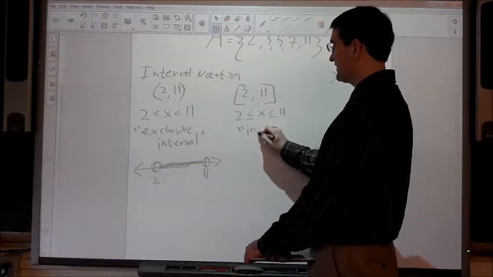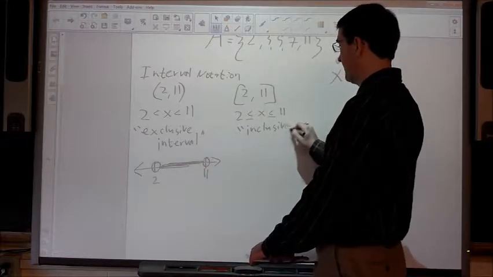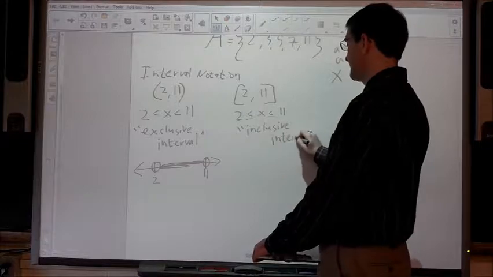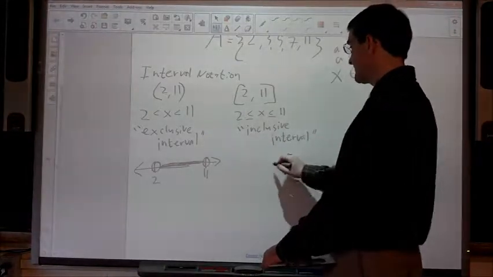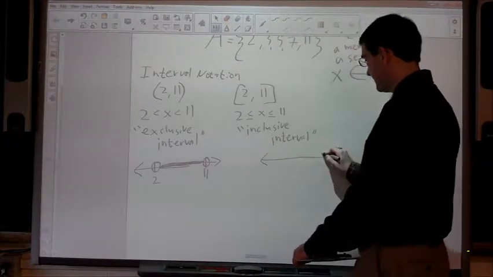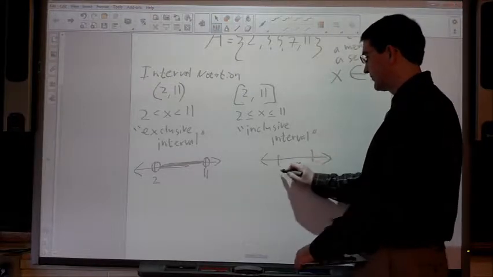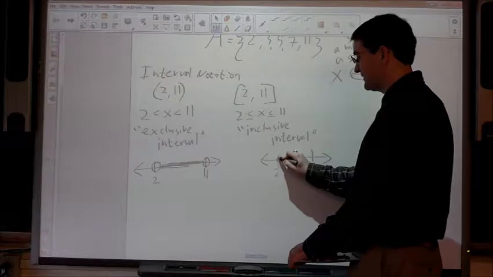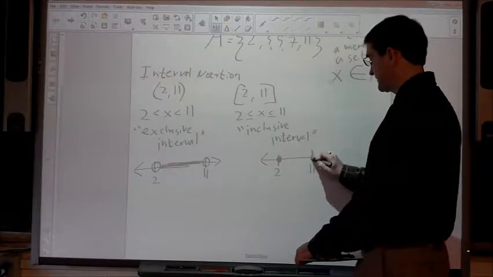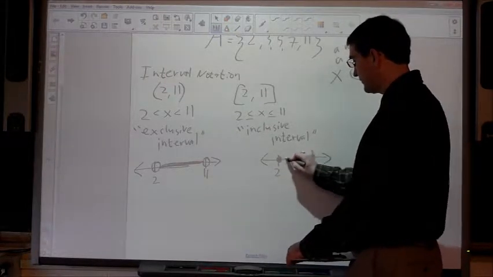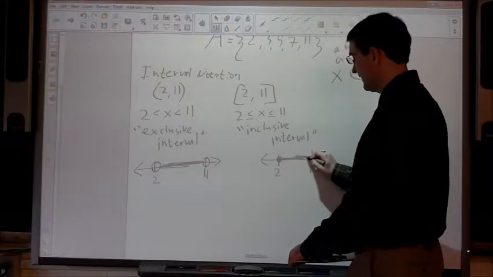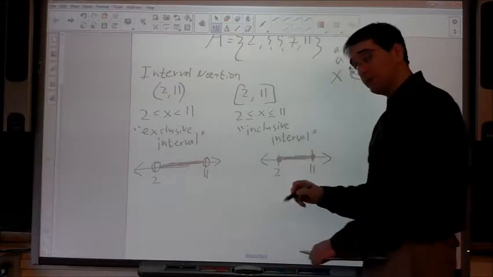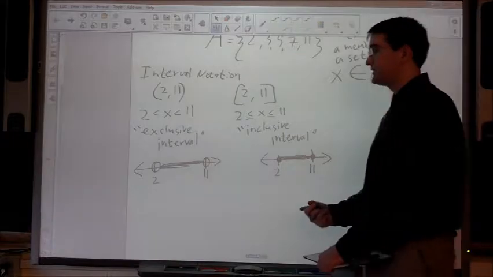And so we call this an inclusive interval. And so the corresponding graph for this, as you should remember from the inequalities unit, we have 2, 11, and we have a filled-in circle on both of these, to show that not only do we want everything between 2 and 11, but we want to include 2 and 11 themselves.